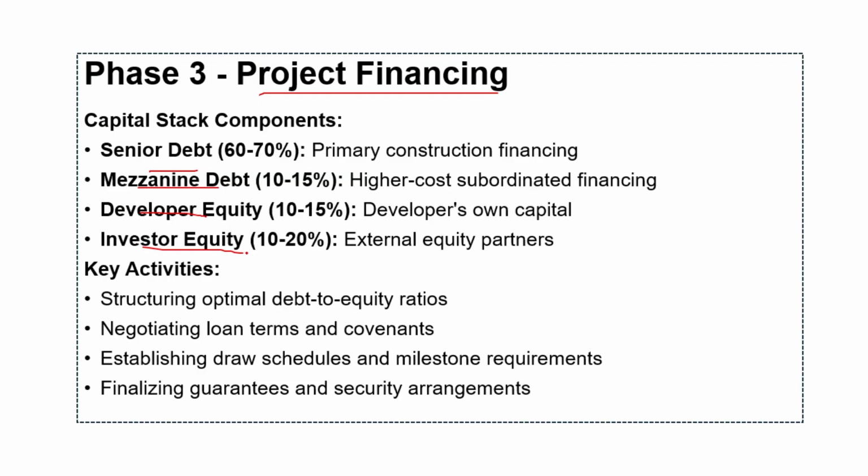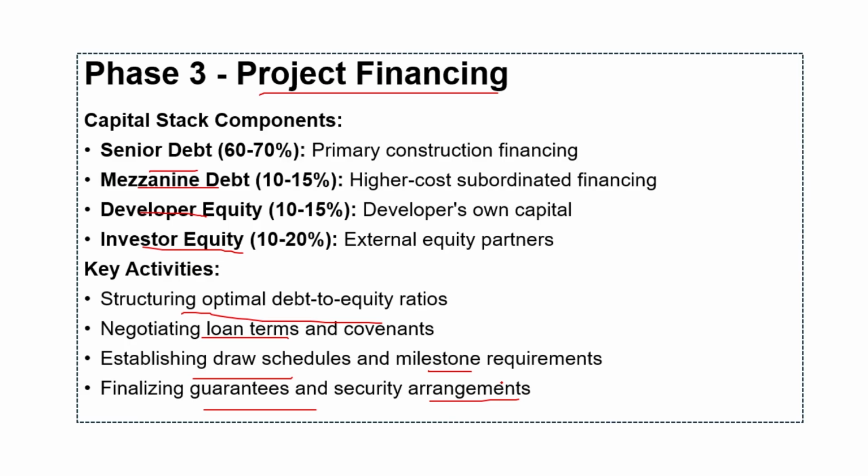Then key activities here include structuring optimal debt to equity ratios that maximize return while maintaining acceptable risk level and lender requirements, negotiating loan terms and covenant effects on project flexibility and developer's control during the construction, establishing draw schedules and milestone requirements to align capital deployment with construction progress, finalizing guarantees and security arrangements that determine developer risk exposure and lender protection.